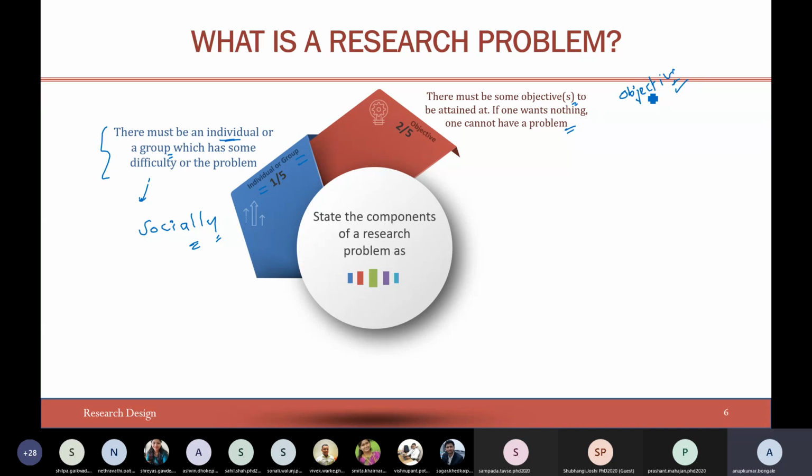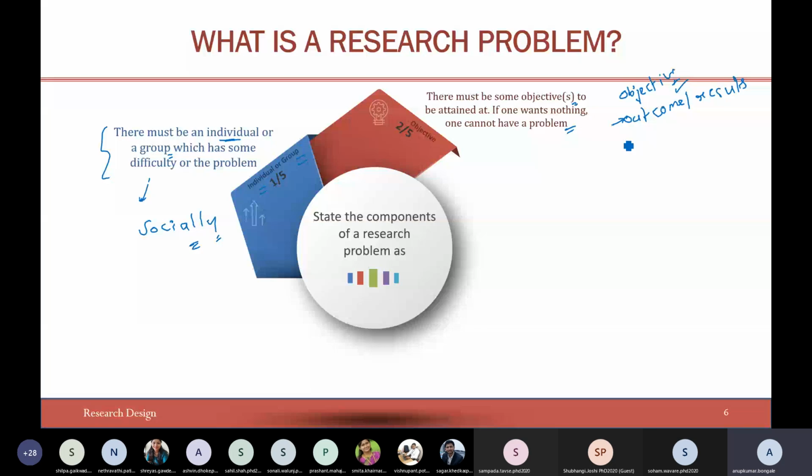Can anybody tell me what is the objective? What is the meaning of objective? What you will achieve when the work is done. Okay, so are you telling like it should be the final outcome? Yes. Okay, outcome or finally the results? Yes. Okay, so that is one thing.